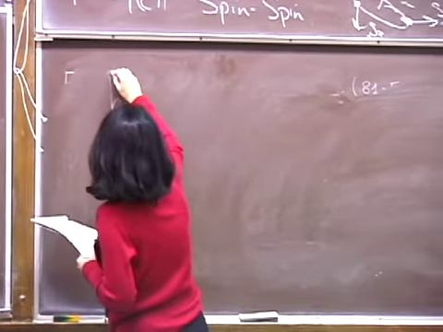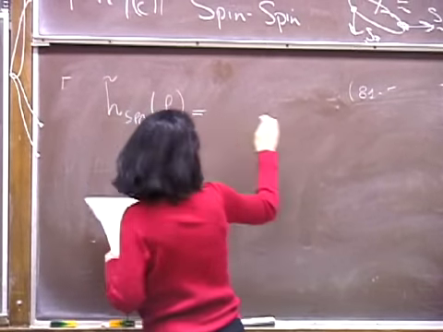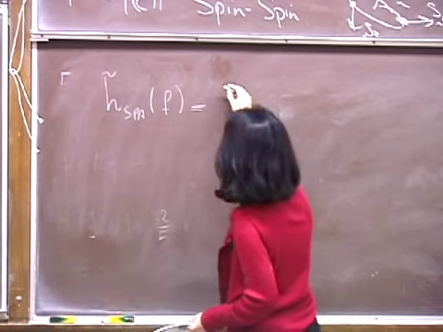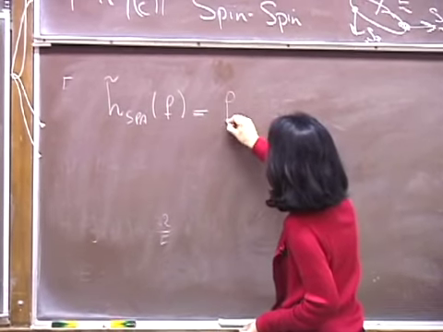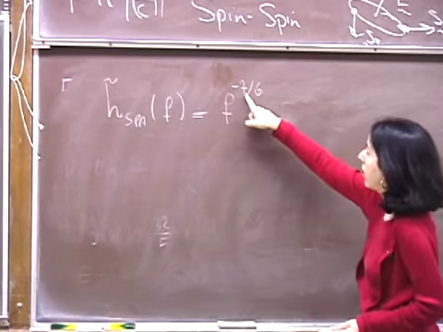So this h in the stationary phase approximation has an amplitude in front that, if you evaluate it at the first order in the post-Newtonian series, is just f to the minus 7/6.